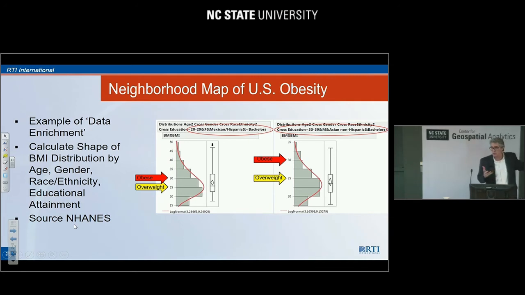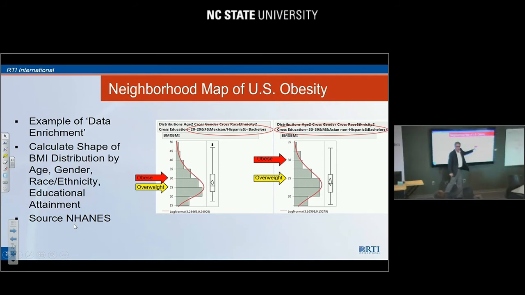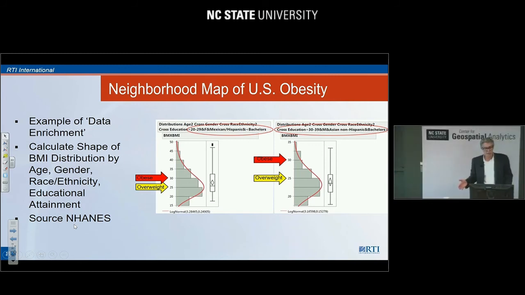So everybody gets a unique BMI. And the people who are 30 to 39, male, Asian, non-Hispanic, and bachelors, they have a different distribution. Some people have the same BMI in the two different categories, but in general, these people are going to get a lower BMI than these people.